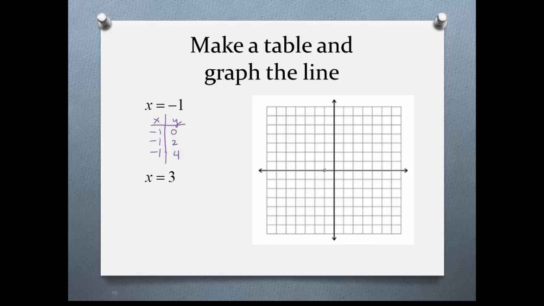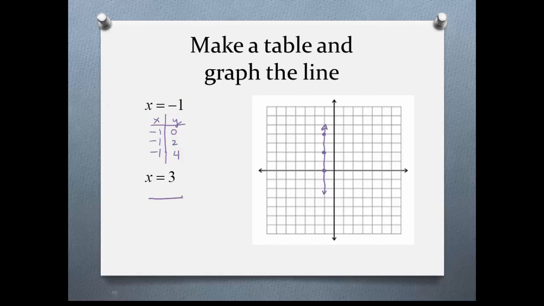Negative 1, 0 is here on the x-axis, negative 1, 2, and negative 1, 4. This time around, since the x-coordinate isn't changing, I'm getting a vertical line. So when it says x equals a number, you get a vertical line.